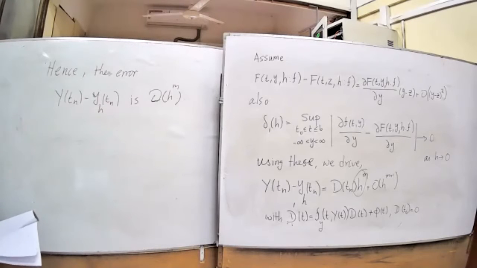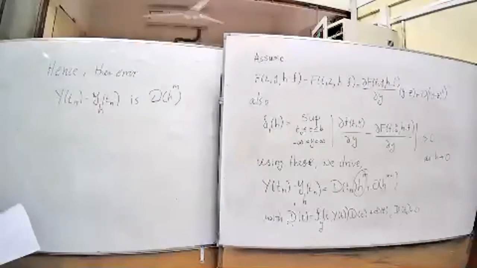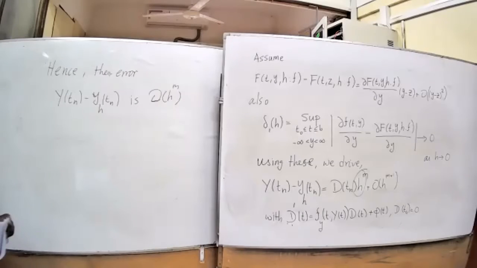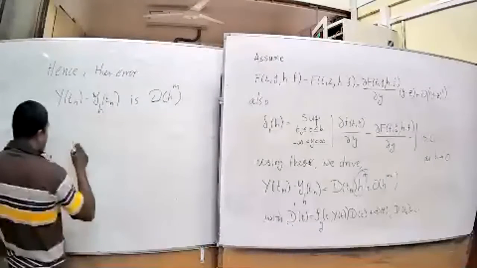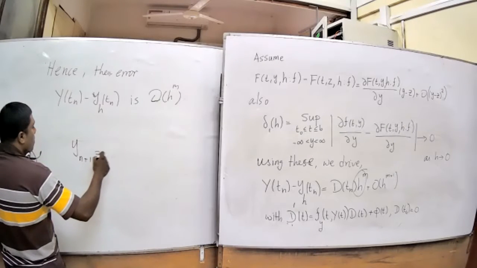In the Euler formula, you know that this is the difference between implicit and explicit.